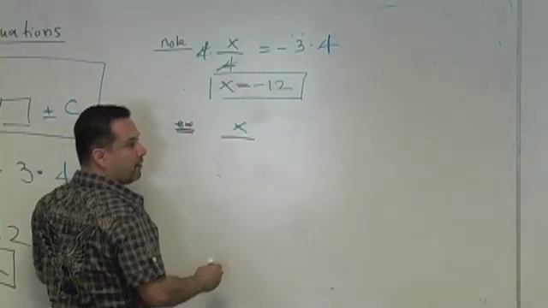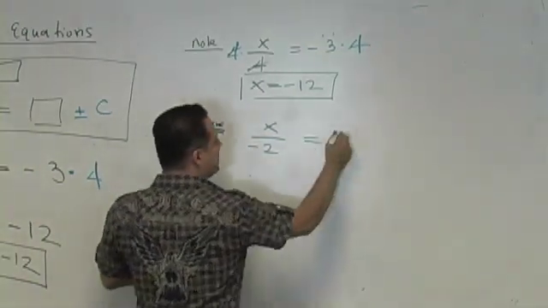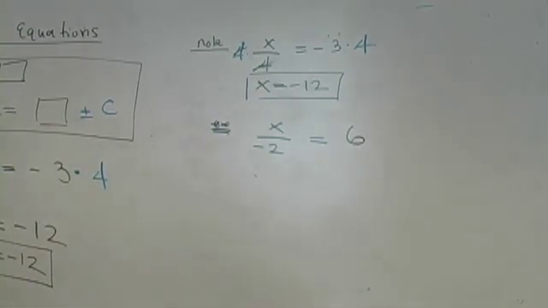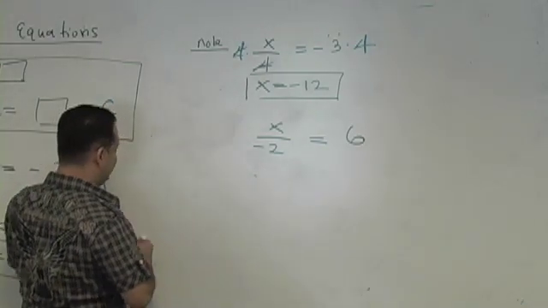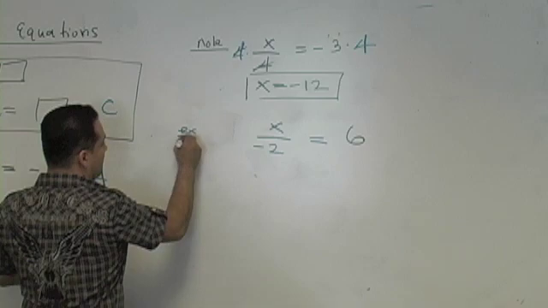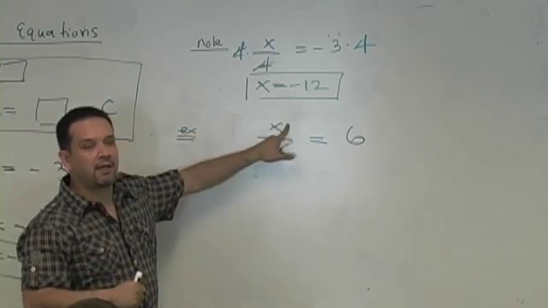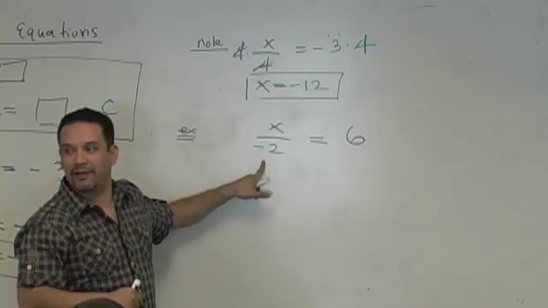x over negative 2 is 6. Solving for x. So what's happening with x again? You're going to divide by what? By negative 2.